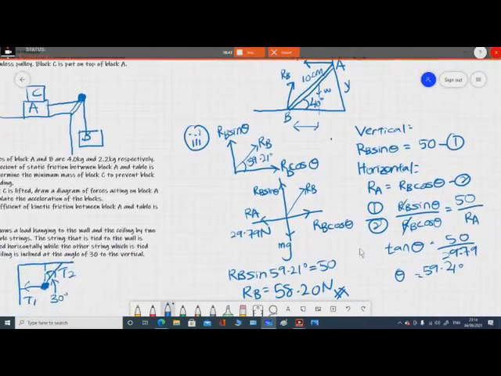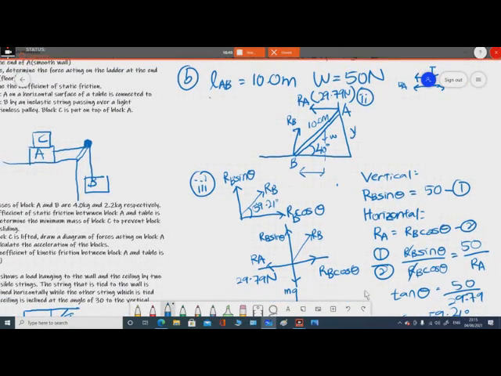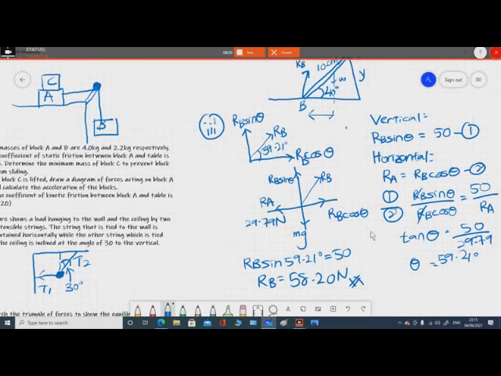If the question is quite confusing, we can redraw the forces again in this plane, so that we are able to resolve it in an easier way.